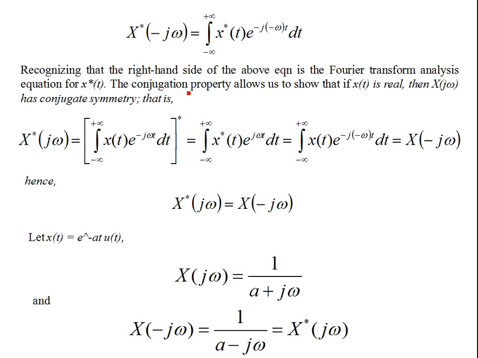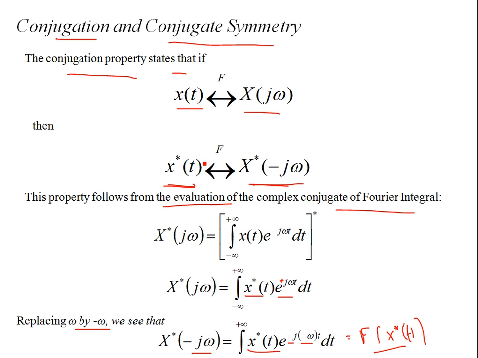So recognizing that the right hand side of the above equation is the Fourier transform analysis equation for x*(t), the conjugation property allows us to show that if x(t) is real, well, now comes the real deal, then X(jω) has a conjugate symmetry. In this step we maintained the star, because we thought that x(t) is any general signal, it could be complex.